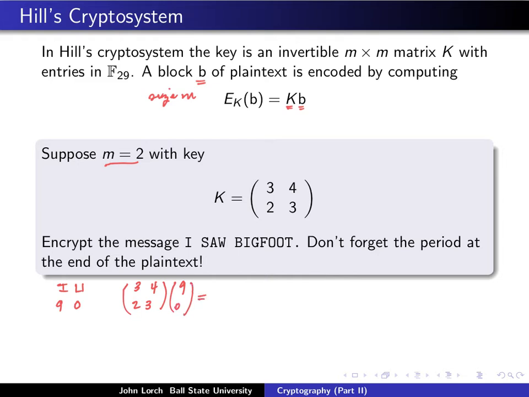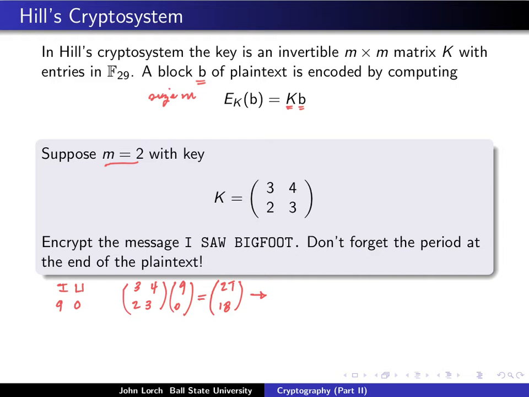So I get 3 times 9, which is 27. That's a legit member of F29. And then 2 times 9 gives 18. So the first 2 characters of our ciphertext are 27 and 18.